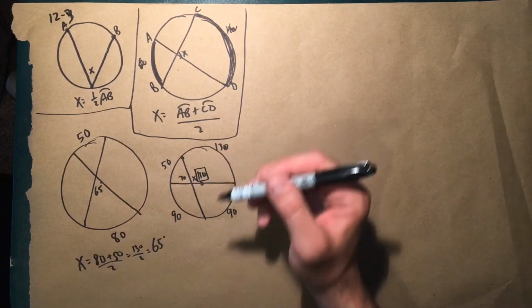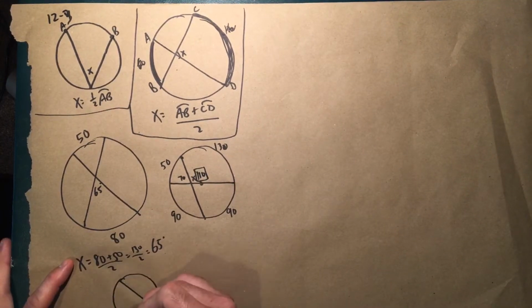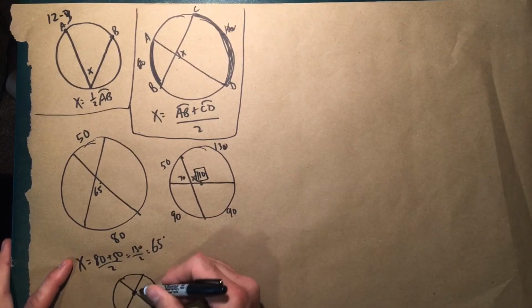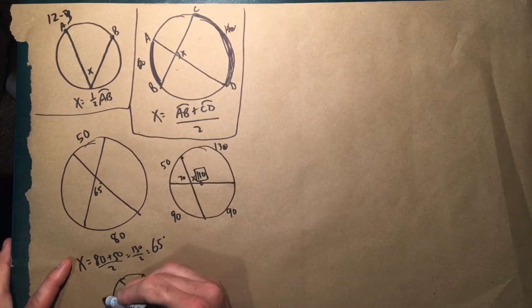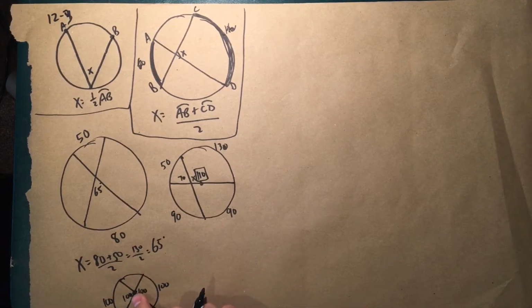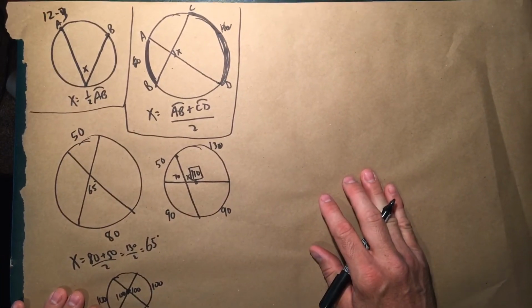Regardless, you might want to make sure that it actually works to the center. Of course it does. If you're going to the center, remember central angles: if this is like 100, so is that. So this angle in the middle is halfway between 100 and 100, which is 100. Doesn't really make sense, but that works.